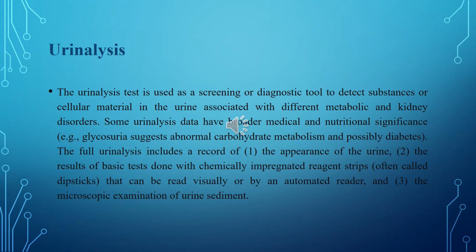If blood appears in urine, it indicates infection, trauma, or injuries.